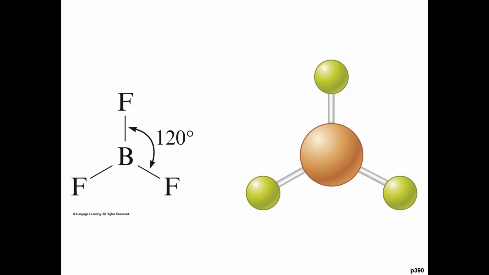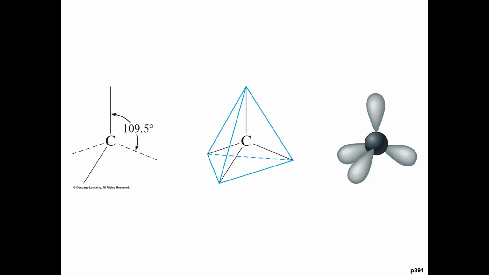When we have three groups of electrons around a central atom, as we do in boron trifluoride, we can minimize repulsions between those bonding groups of electrons by keeping them at 120 degree bond angle from one another. This is known as a trigonal planar geometry.